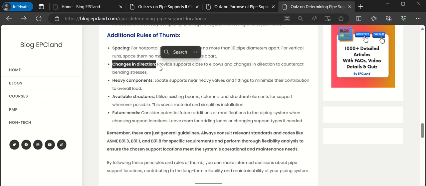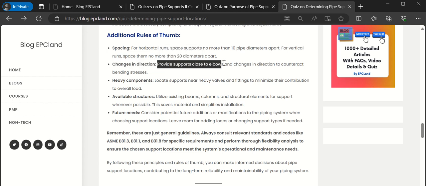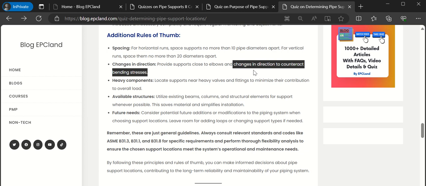We always try to provide supports close to the elbow so that the system becomes stable, or whenever there is a change in direction, to counteract the bending stresses. Just to avoid those stresses, we can add extra support near elbows when we are going to take a turn.